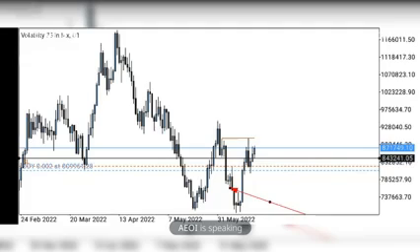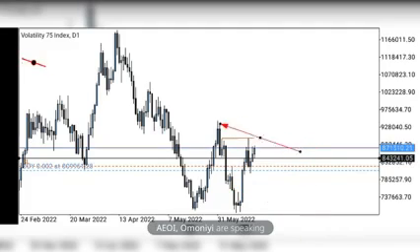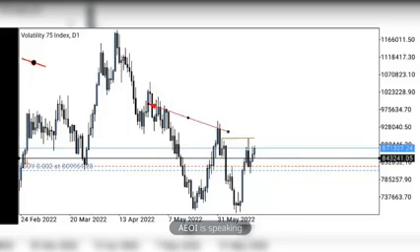Do you understand? So I will not be considering a sell from here except I see strong confirmation. So where I'll be looking for a sell is this high here. This is a high, this is a low, right? This high prepared the move that broke this low here, and also broke this low. So this is the high I will be considering, not this one.